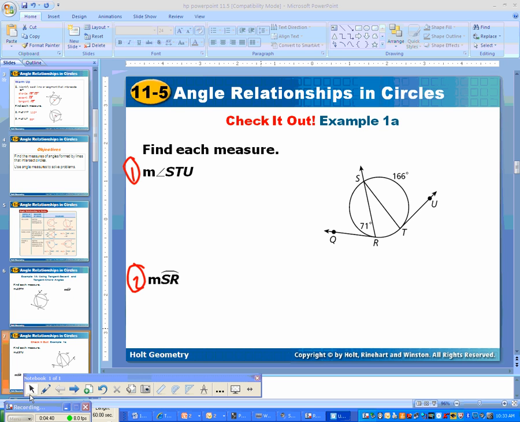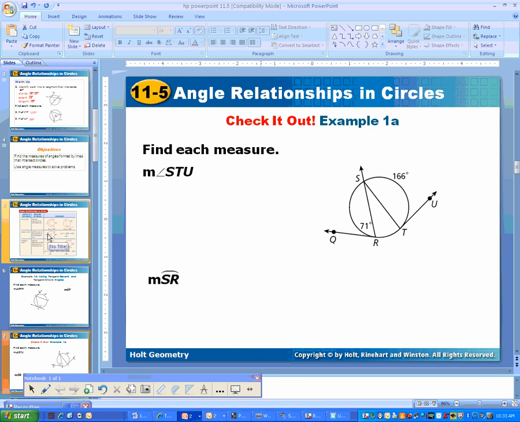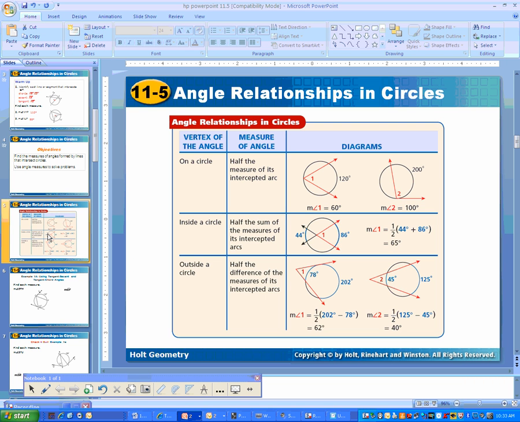The second type of problem you're going to see: what happens if the vertex is in the circle? Here it is right here. We've already talked about on a circle, it's just going to be half. If it's in a circle, if you notice in this one, this vertex is inside the circle. This is formed by 2 secants. Sometimes it's formed by 2 chords.